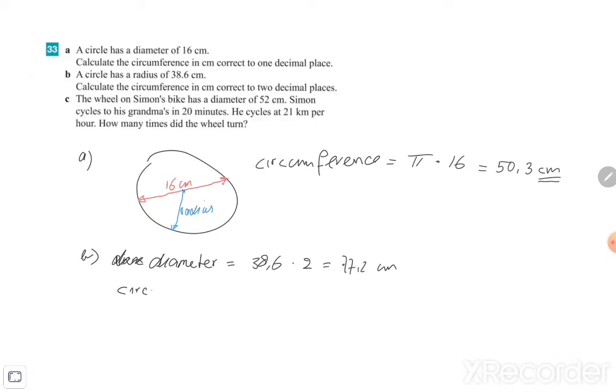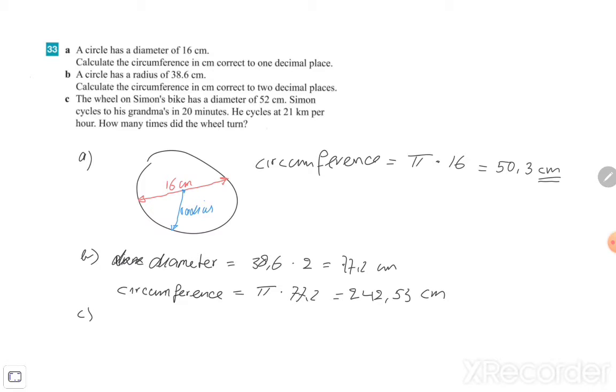If we calculate the circumference of exercise B, we need to multiply the 77,2 with pi. And the answer is 242,53, because here we need to round it to 2 decimal places, and again centimeters. So that's exercise B.